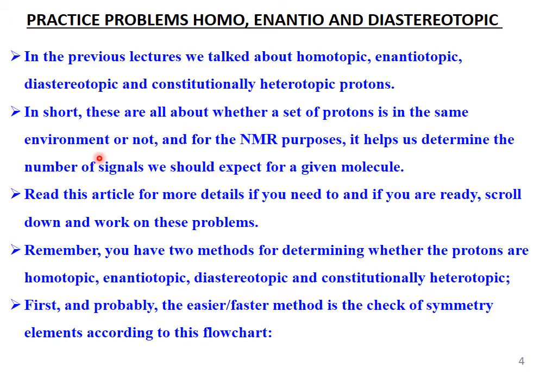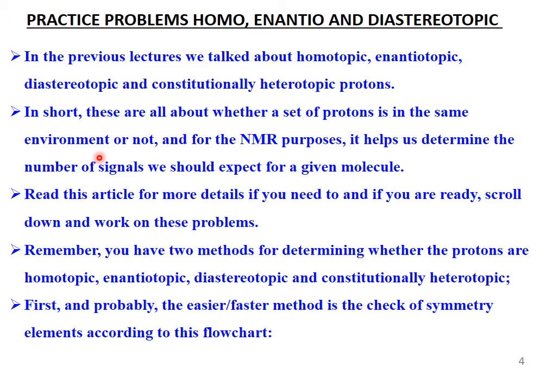But I have mentioned one thing: if we are using some chiral solvents, then the chemical shift values of the two protons can be different, because every solvent has its own effect while taking NMR. It is a fundamental fact and it is very important for you.